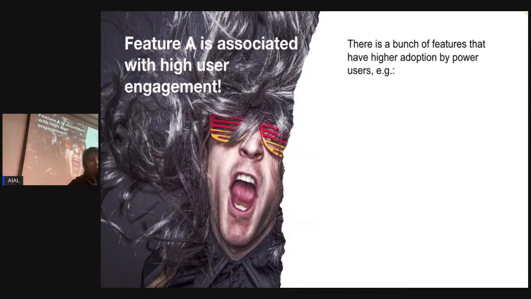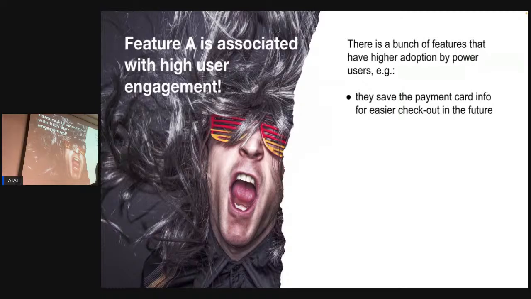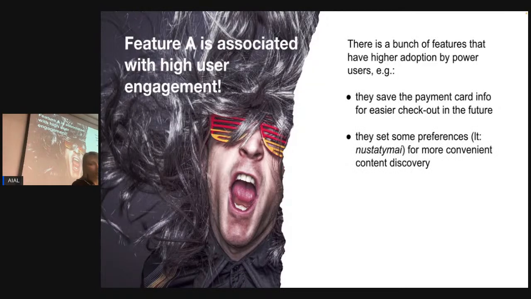So to name a few examples, for example, a user might save their payment card for later, and she will have an easier checkout in the future. And users who do that buy more. Another thing, they might set some preferences, like in Lithuania we call it nustatymai, for more convenient content discovery.